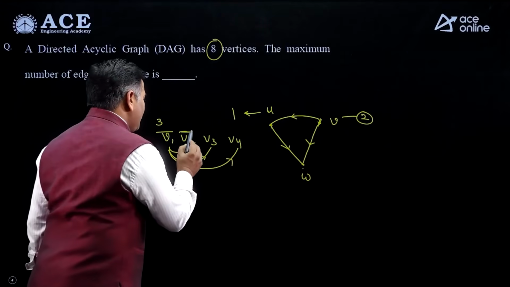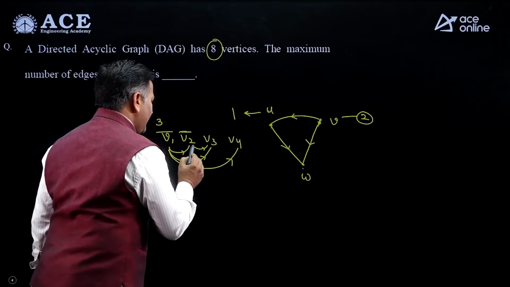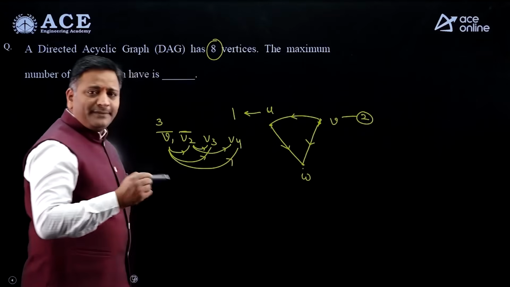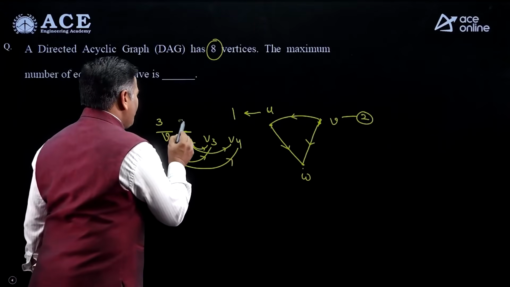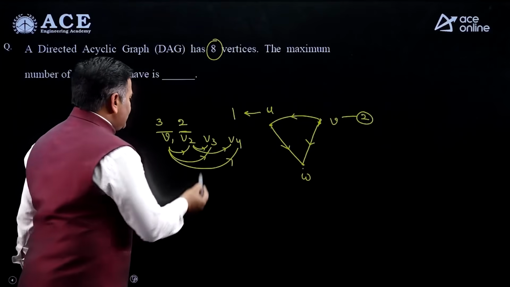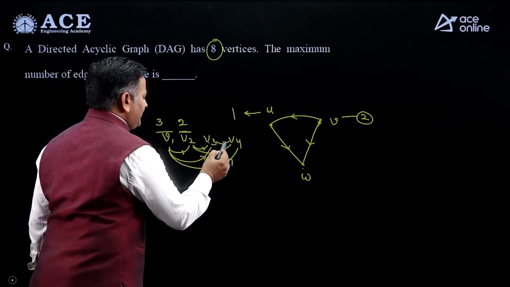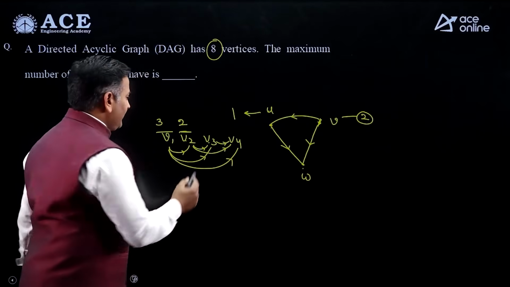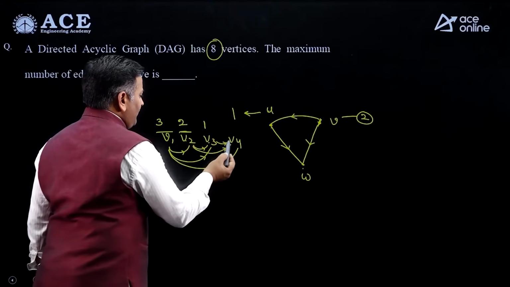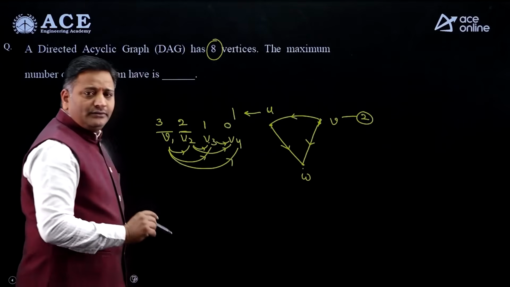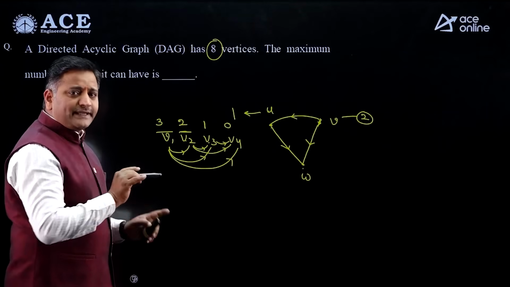I can draw an edge from v2 to v3 and from v2 to v4 without forming any cycle, so there are two possibilities at v2. Since v3 is already connected to v2 and v1, there is only one possibility, v3 to v4, without forming a cycle. For v4, there is no possibility, because the graph does not contain cycles.